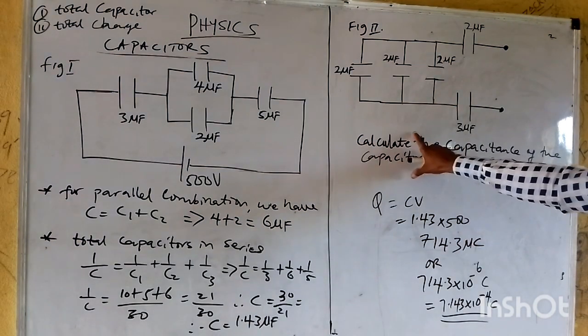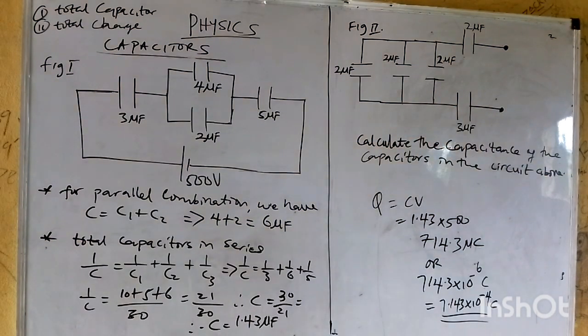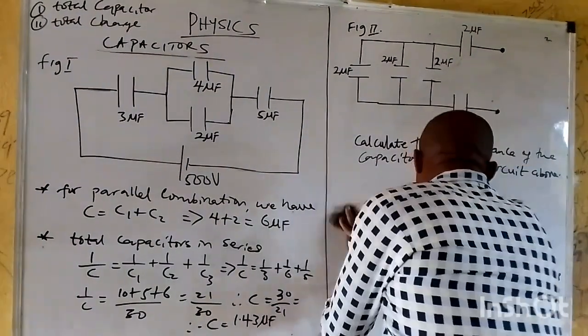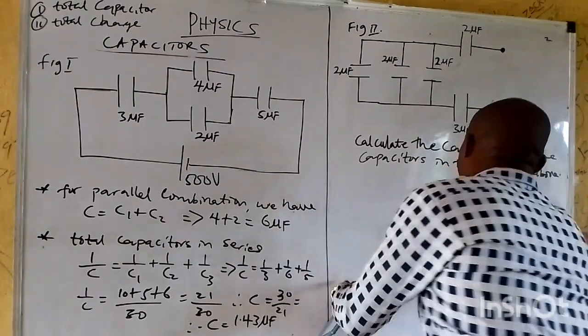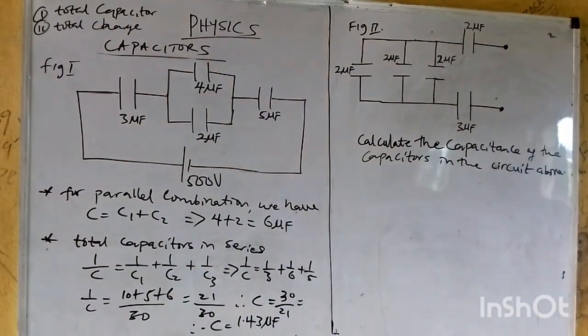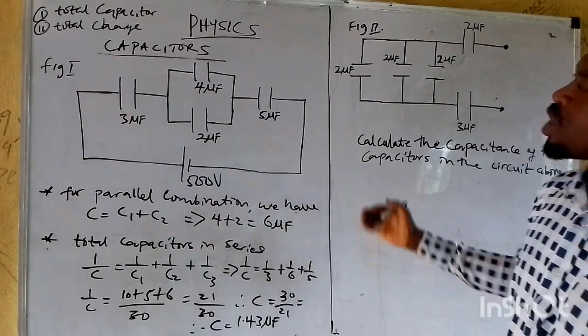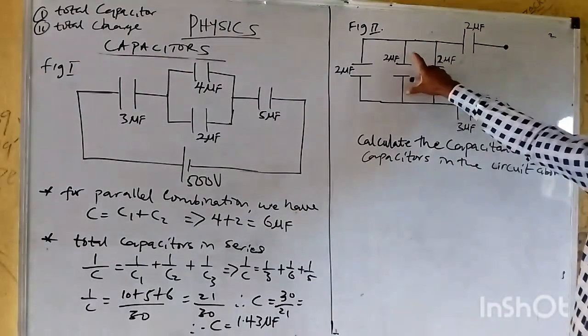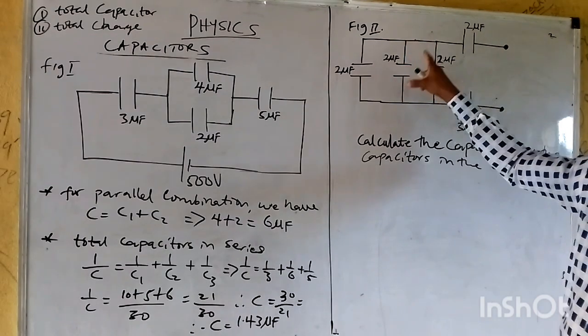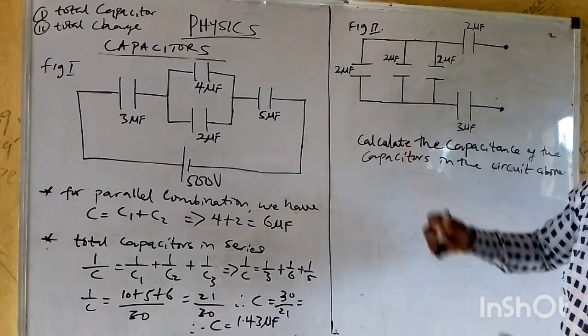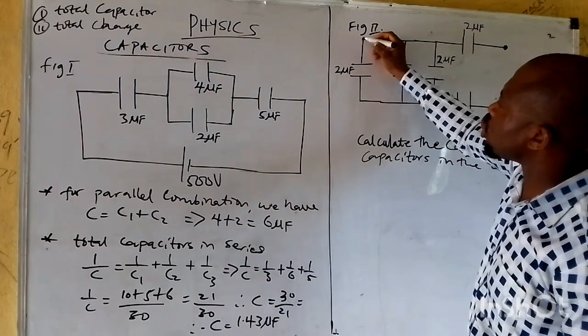The second question says, calculate the capacitance of the capacitor in the circuit above. Meanwhile, if we clean this, we can solve that problem. The same question we ask ourselves, what is the nature of network we have here? Now from here, you notice that there's a junction here.